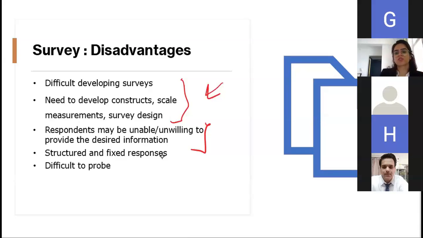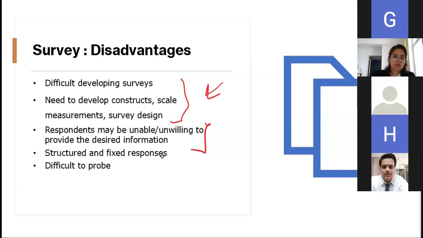There are structured and fixed responses. So in a questionnaire, you have created a closed-ended questionnaire. It's a structured questionnaire, and you have say 5 to 6 options. But the reason why the respondent is not buying a particular product is something which is not listed in your questionnaire.